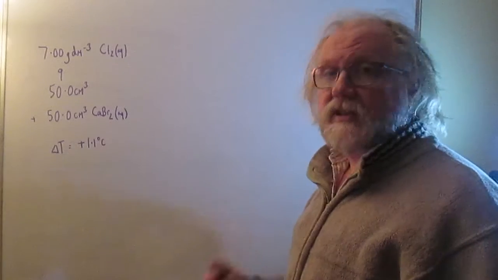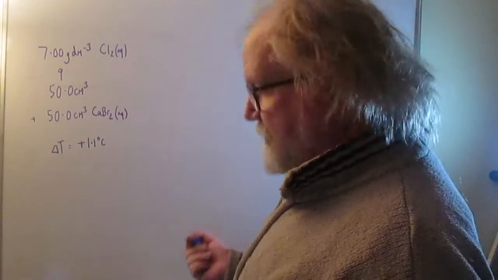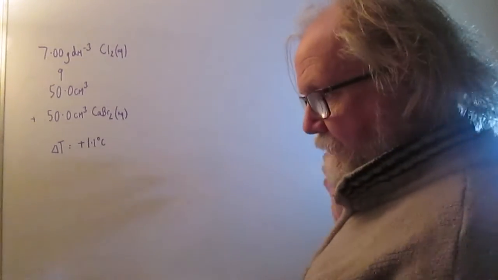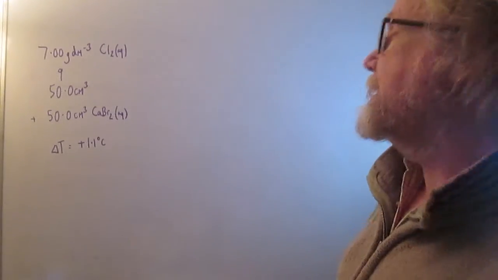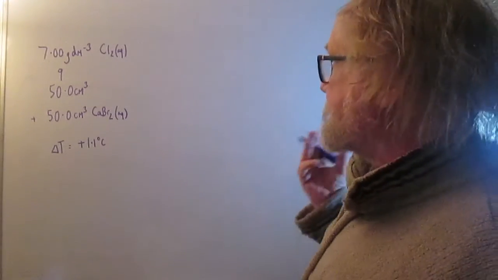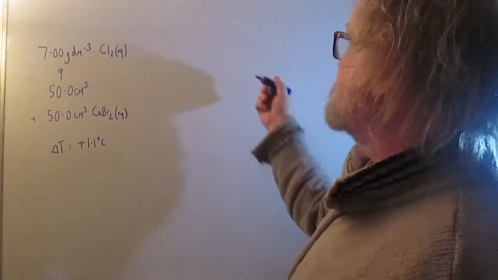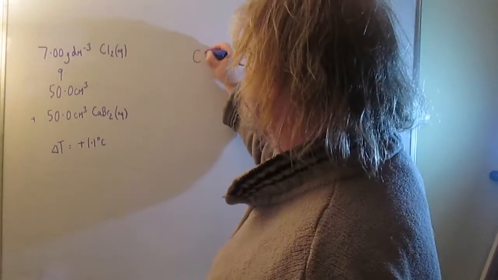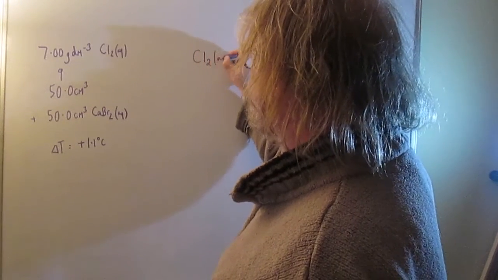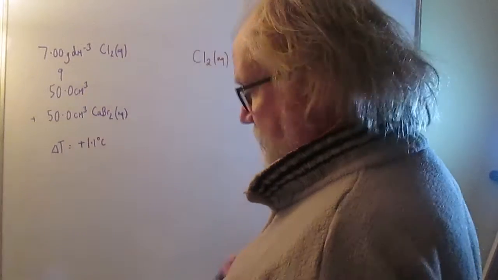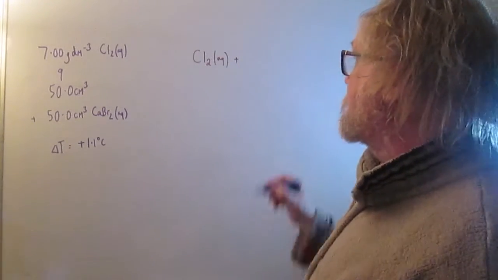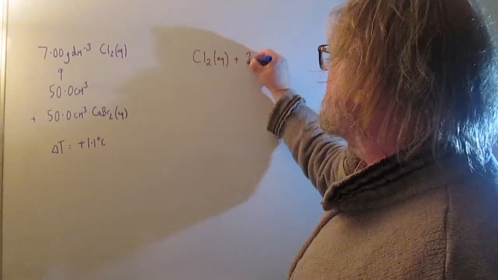So first it just wants an ionic equation. For that, make sure you read the question. If you write the full equation with calcium bromide in there, you're not going to get the marks because the calcium ions are not involved. So what we have is the chlorine, which is aqueous, and we're adding that to bromide ions.